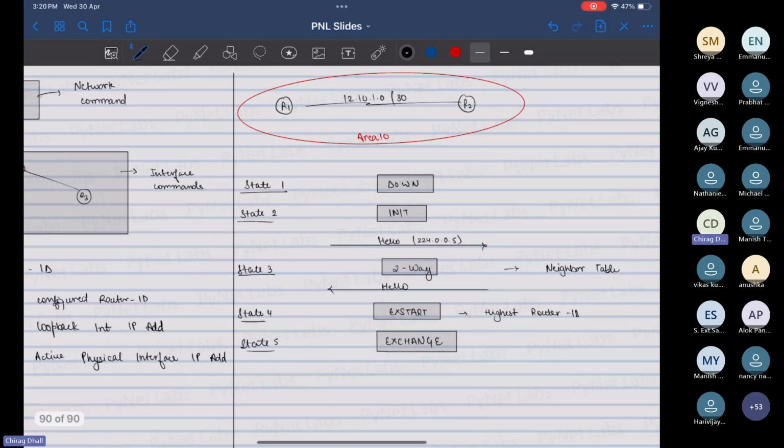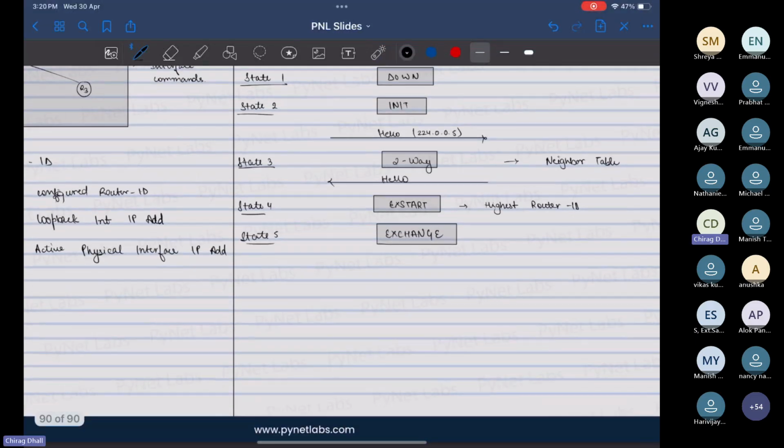As per the discussion, R2 will have the IP 12.10.1.2 and R1 will have the IP 12.10.1.1, which will also become their router IDs as there is no manual configuration and no loopback here, right? So in this case, R2 will win the election. That means R2 will initiate the exchange of routing details first. So R2 will send routing details first to R1.